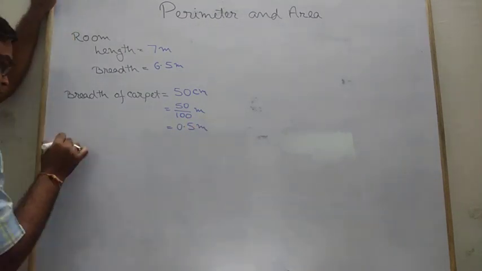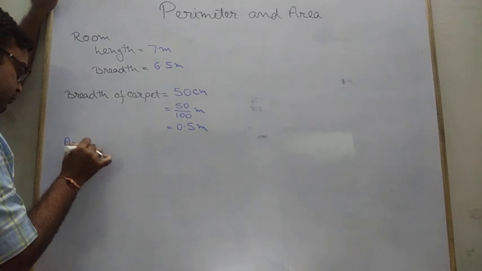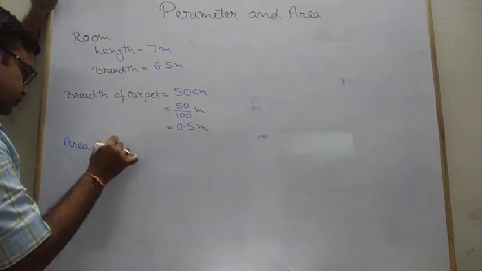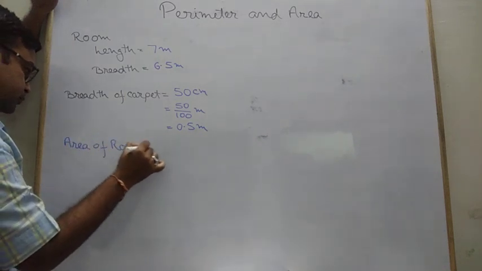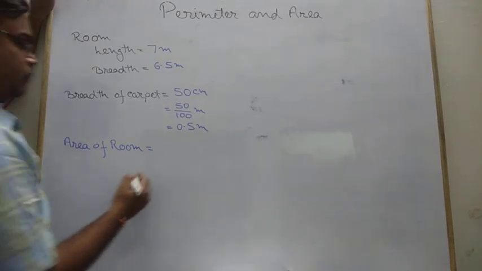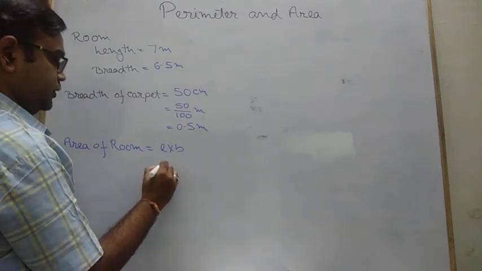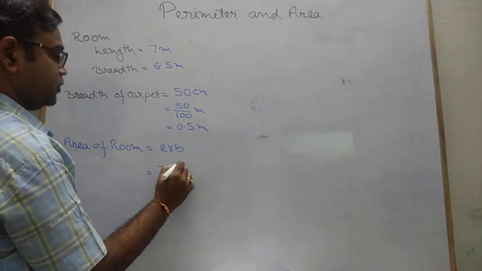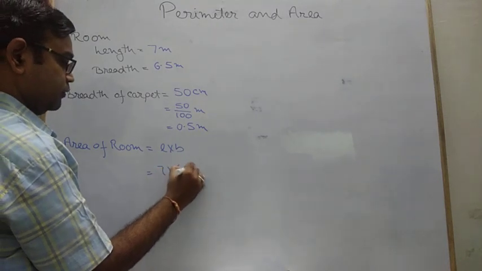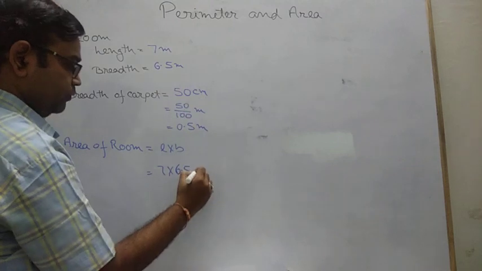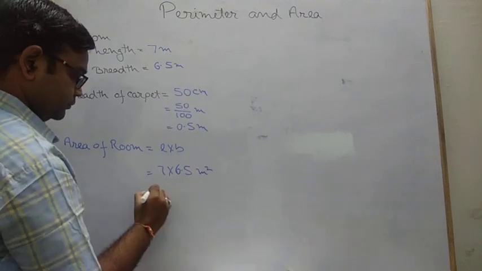Now area of room equals, as we know, length into breadth. So what is the length? It's 7 into 6.5, meter into meter, unit of area meter square.